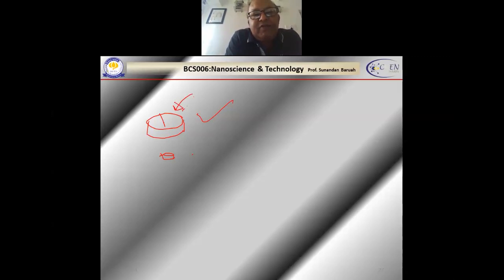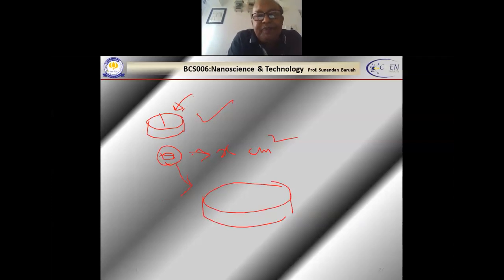Now think about it. Suppose this small one itself has a surface area of x centimeter square. Now let me magnify this. I am magnifying this. Let me draw it bigger. So let's say this is x centimeter square. Now, we'll do some more calculations next week.